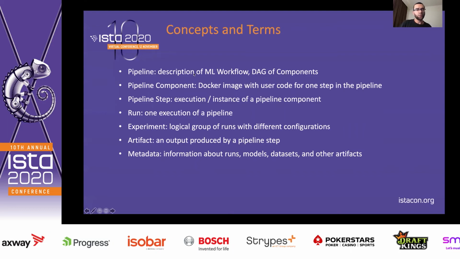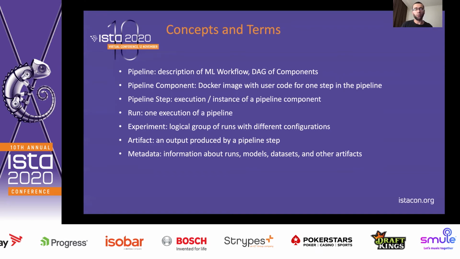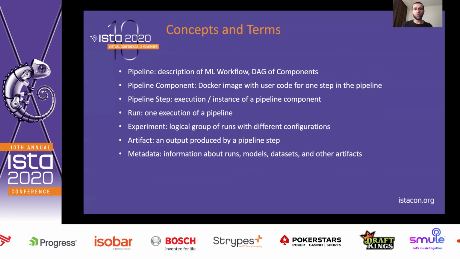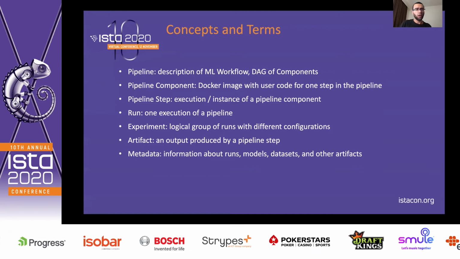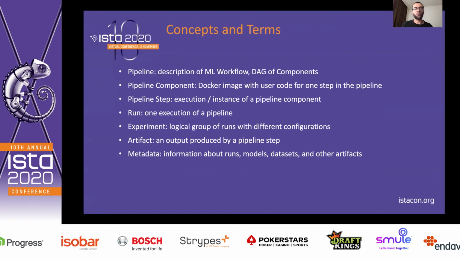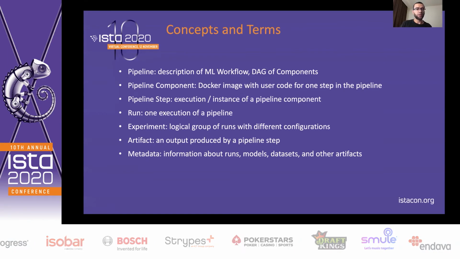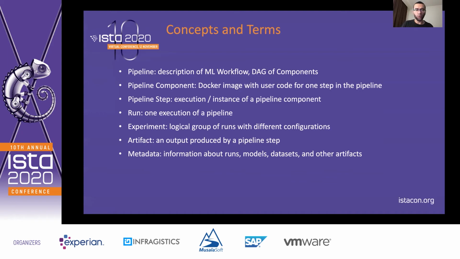So concepts and terms: we have a pipeline, which is the main doc, a pipeline component, which is a Docker image with user code for one step in the pipeline. And we have a pipeline step, which is an execution of a pipeline component. We have a run, which is an execution of a pipeline, an experiment, which is a logical group of runs, and we have artifacts and metadata.